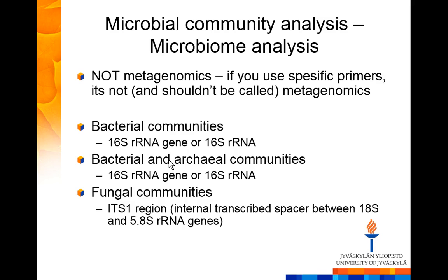This part is transcribed, but it never makes it to the ribosome. So I don't think there is any sense in trying to do fungal community analysis with ITS1 from RNA. The sensitivity would be very poor because you would essentially need to recover messenger RNA, and there isn't too much of that compared to ribosomal RNA.